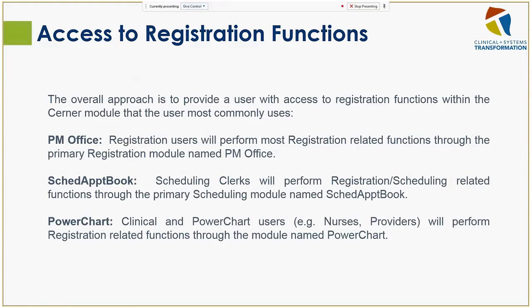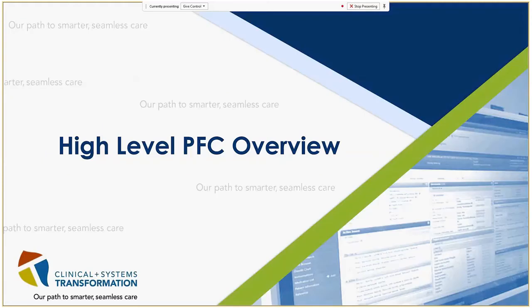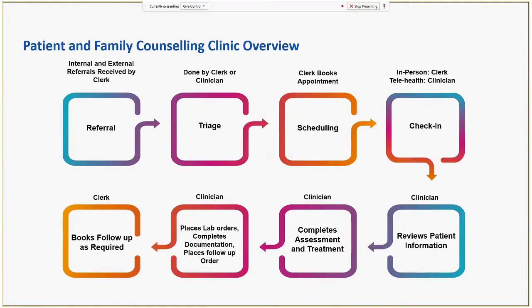All right. So what I'd like to do is just give a really high level overview of the workflow for the patient and family counseling clinic. If you see on the screen, what happens is internal and external referrals are received by the clerk.